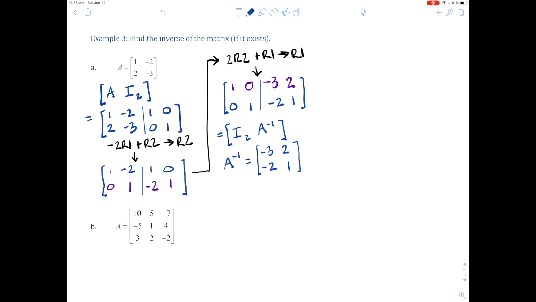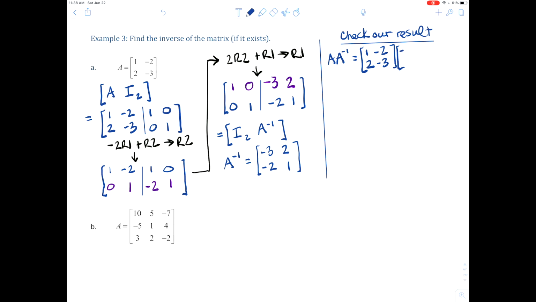So why don't we check it out, right? It'll be an easy one to check. So A times A inverse would be 1, -2, 2, -3 times -3, 2, -2, 1.